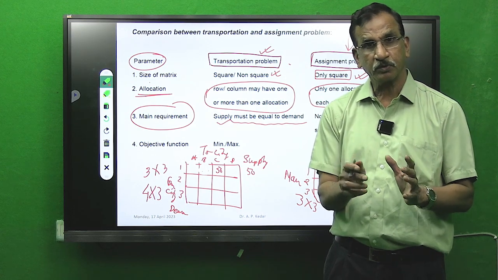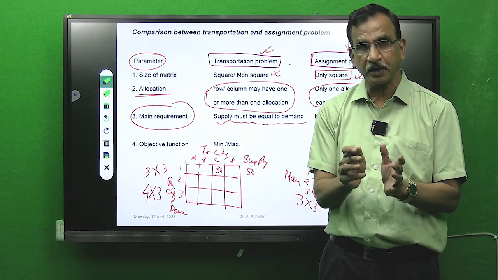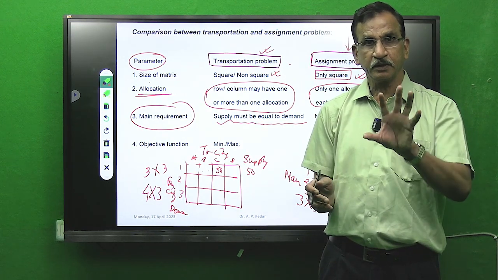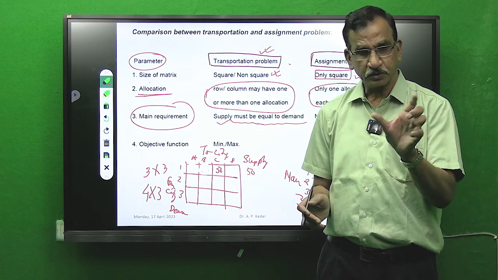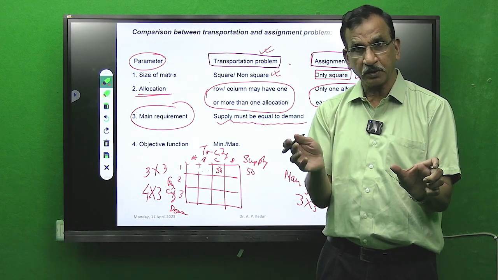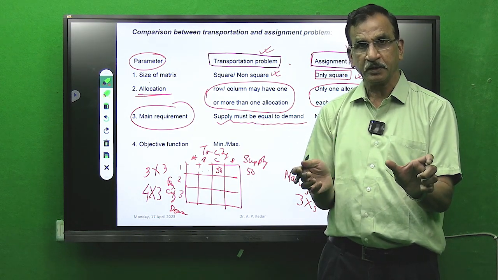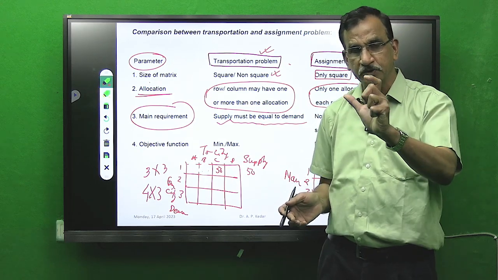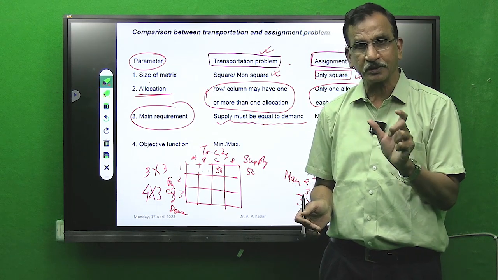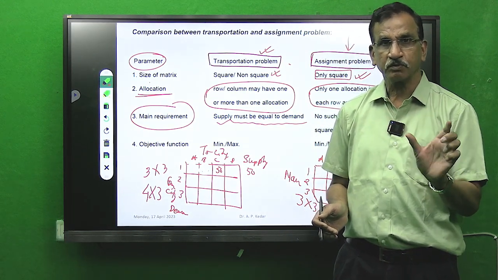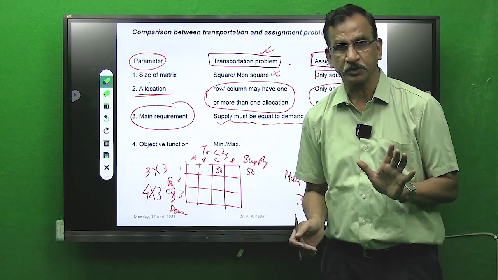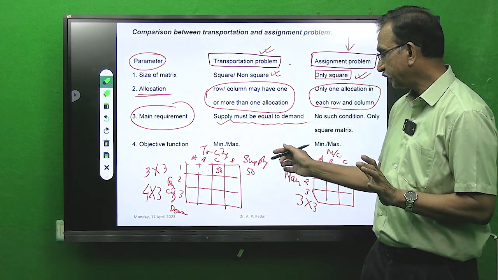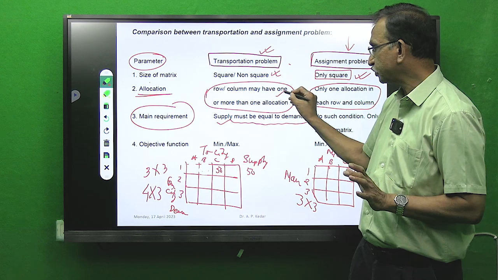If not, we have to make it so by adding dummy supply or dummy demand, and then balance it. But before you start with the first step, you have to be very sure that supply is equal to demand. That you have to check. Then only you can proceed.